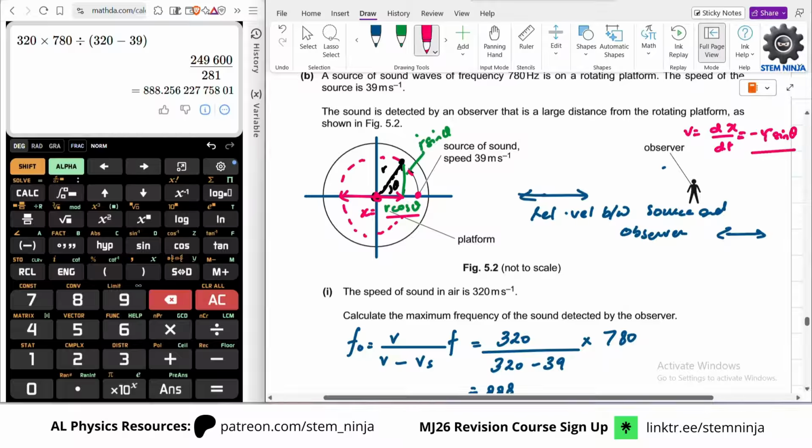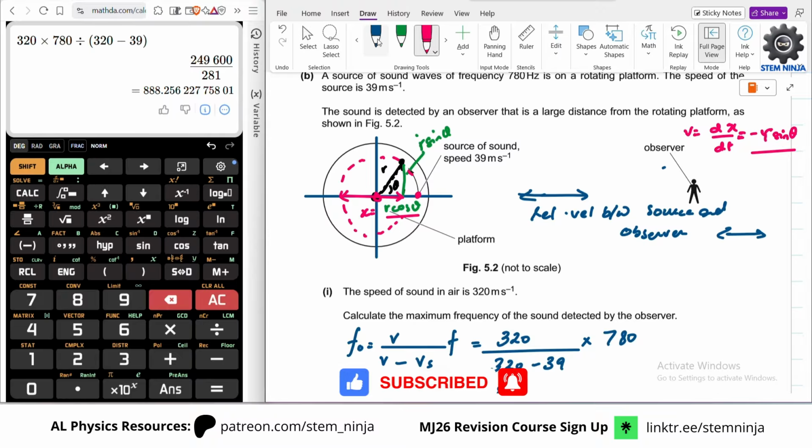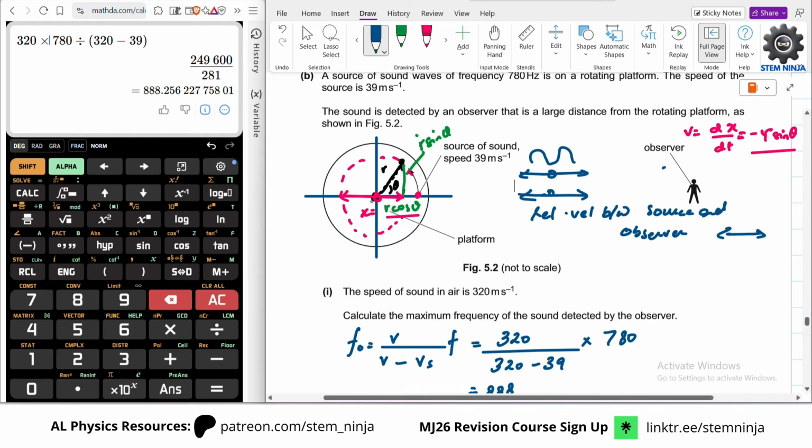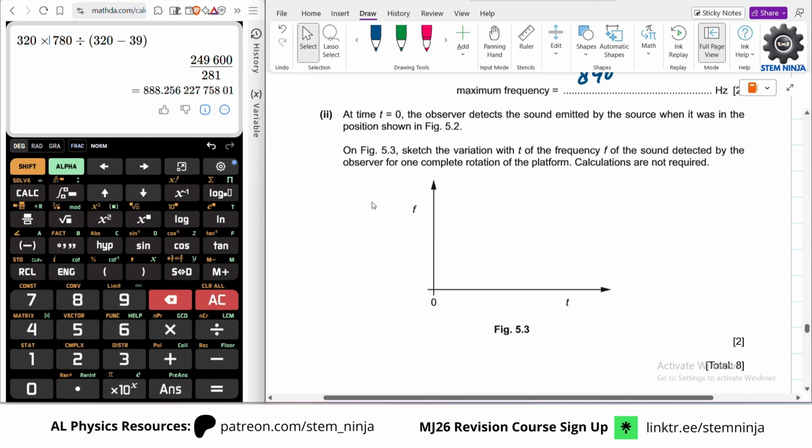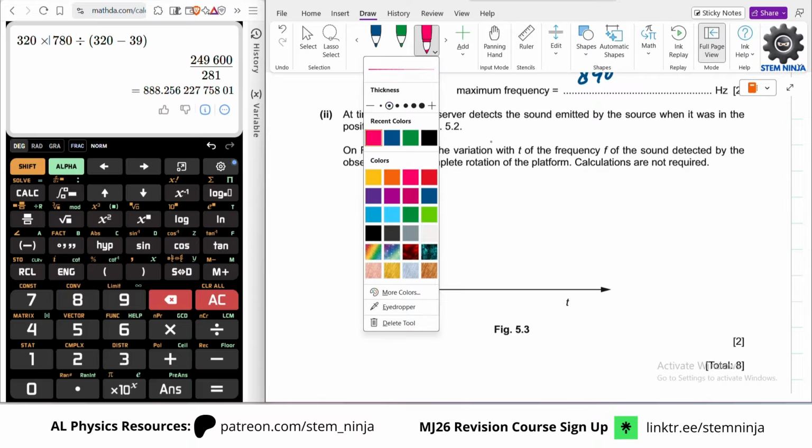Either way, this is a sine cosine function. So the object's horizontal velocity is going back and forth like this, and the relative velocity is oscillating this way. This will be exactly how the maximum and minimum frequency will be changing also.